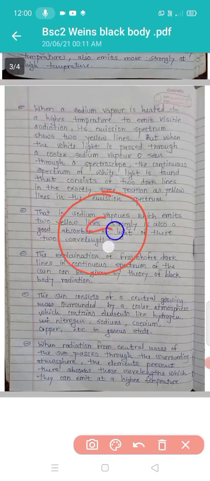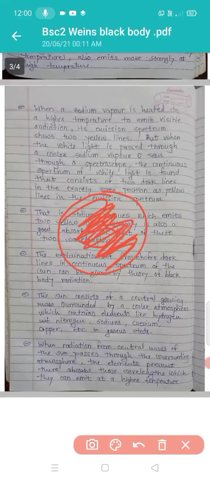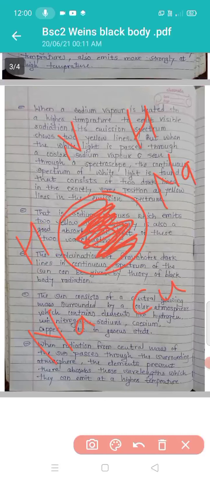Suppose this is the sun, at the center there is a glowing mass, surrounded by these elements present in the atmosphere.